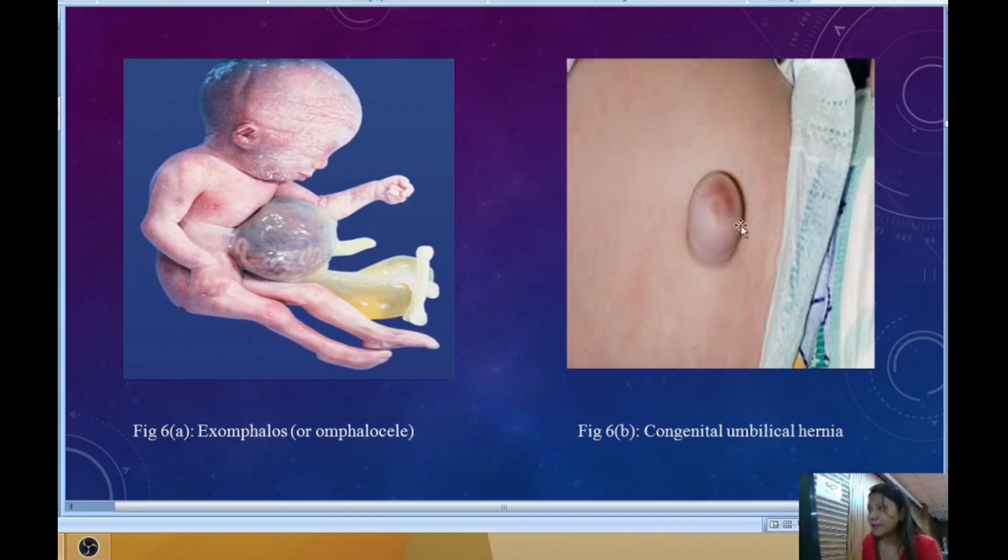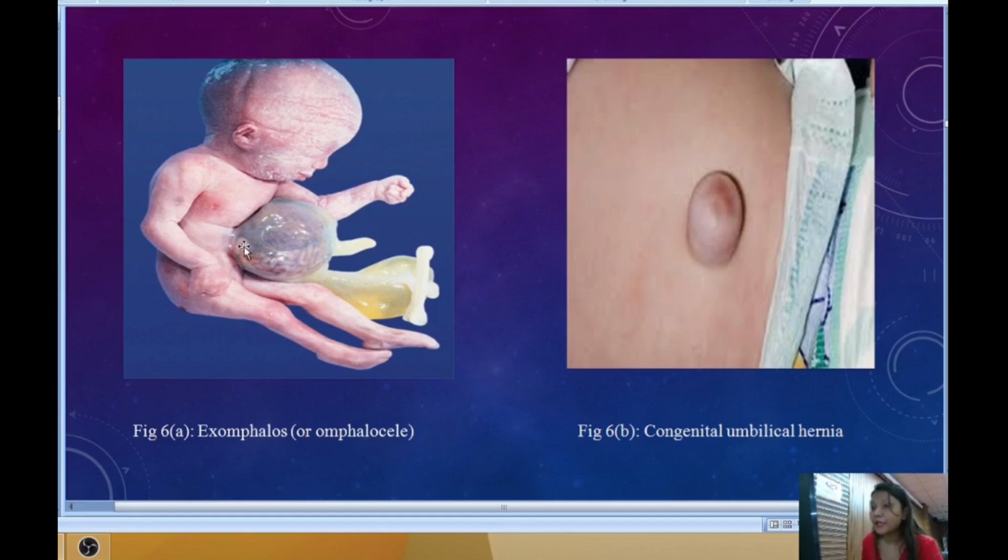In the umbilical hernia it is covered by peritoneum, and above that it is covered by skin. But here you can't see any skin. The whole thing is coming out, right? Kindly respond. Did you understand? Yes, ma'am. See, in the congenital umbilical hernia, this hernia is covered by the skin and the peritoneum, the layers of the abdomen.